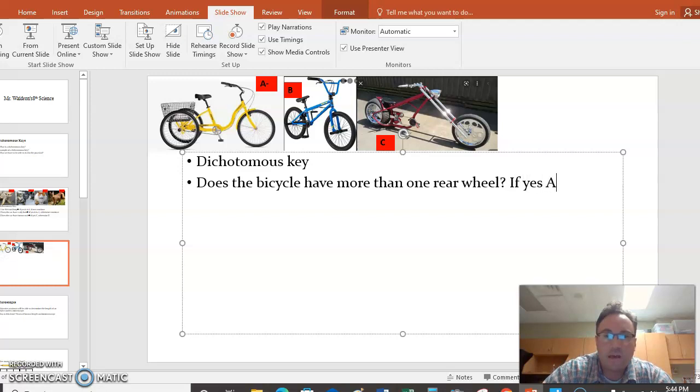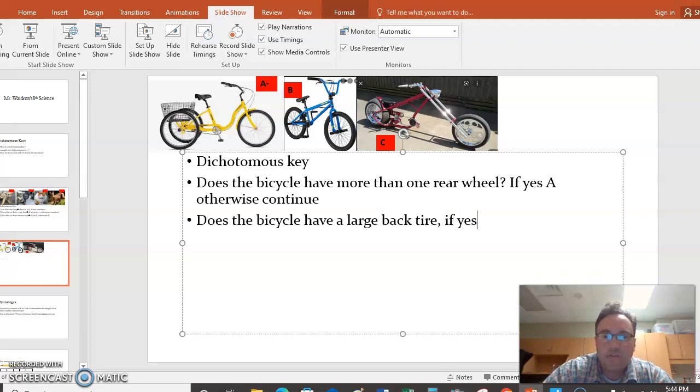If yes, A. Otherwise, continue. Does the bicycle have a large back tire? If yes, C, otherwise B.